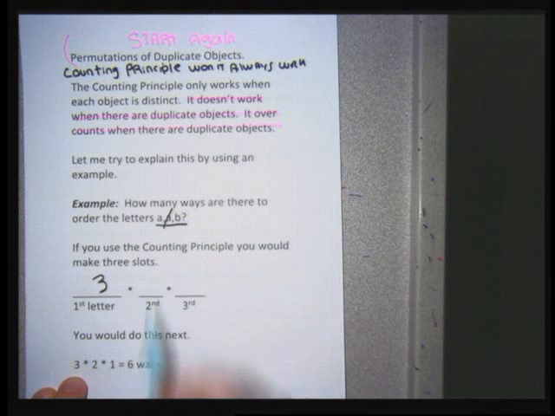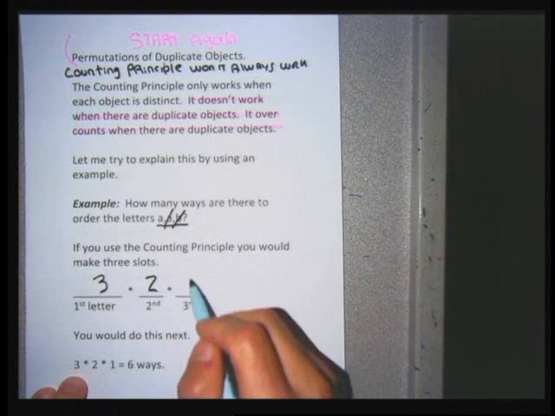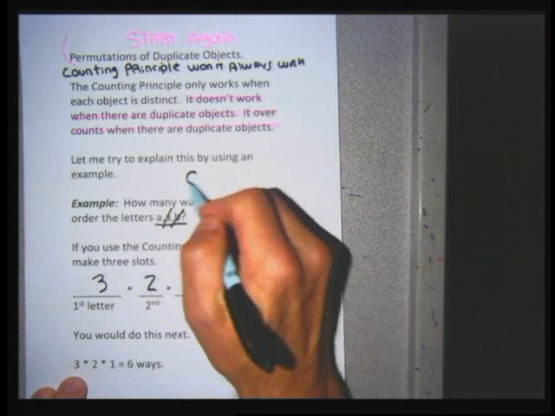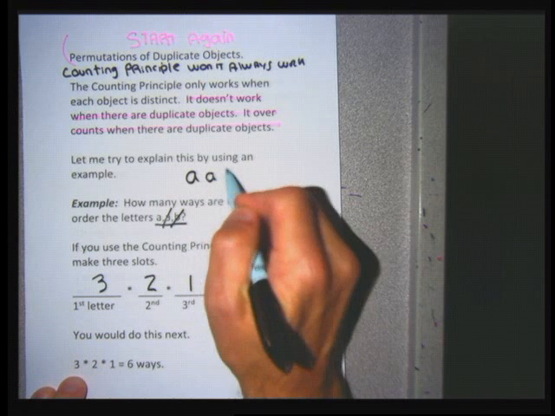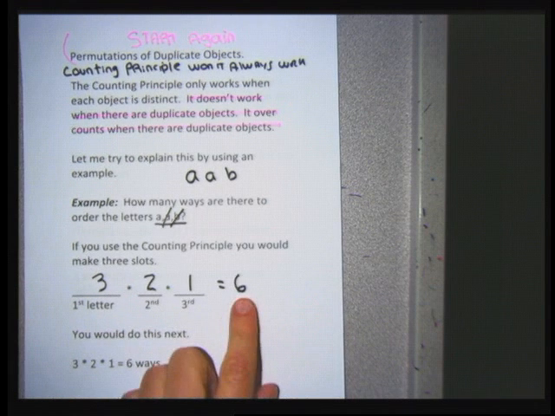Now for the second letter, there's only going to be 2 letters to pick. And for the last letter, there's going to be 1. So applying the counting principle to forming orderings of the letters A, A, and B, just like forming orderings of the letters S, T, A, R, and P, the counting principle would say that there's 6 ways you can do this.